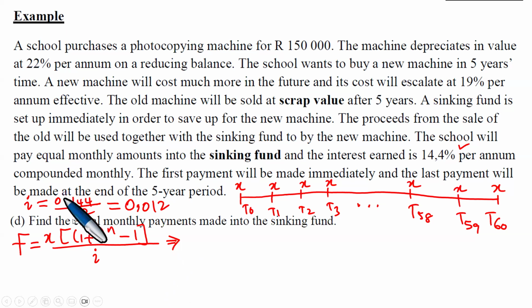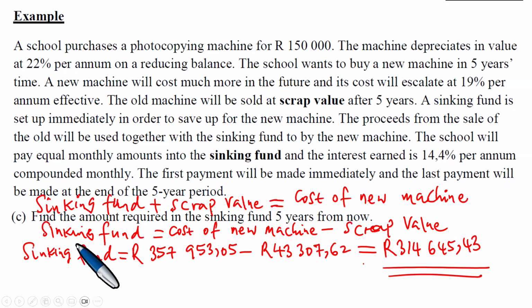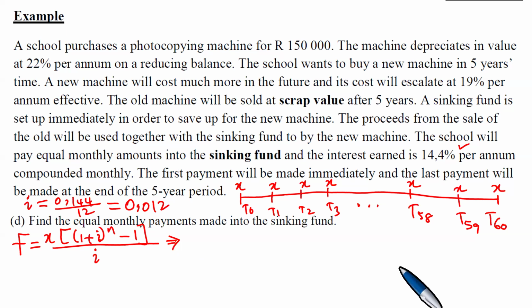Find the equal monthly payments made into the sinking fund. The sinking fund is 314,645 Rand and 43 cents. So the future value is exactly 314,645.